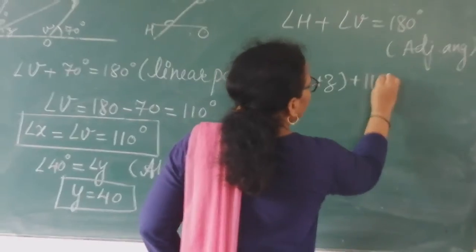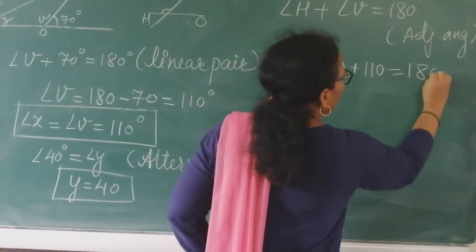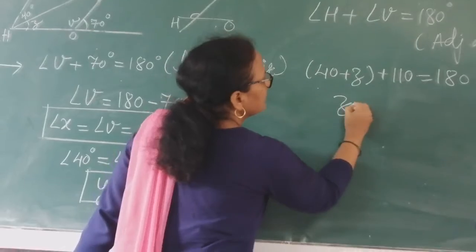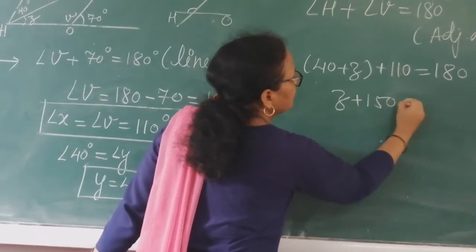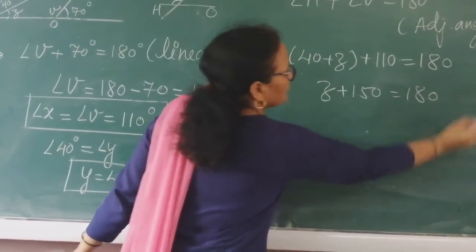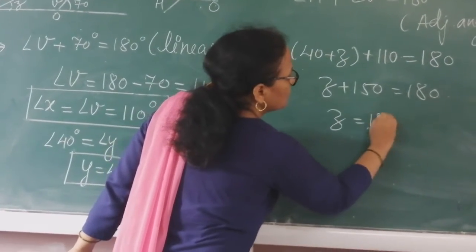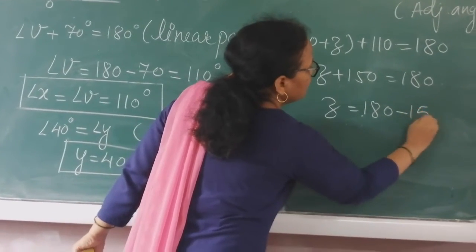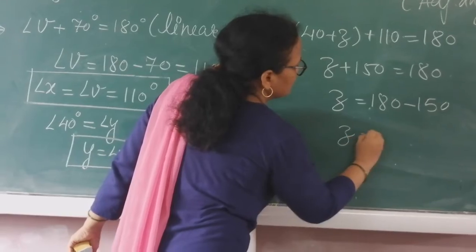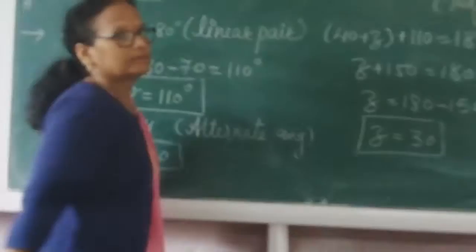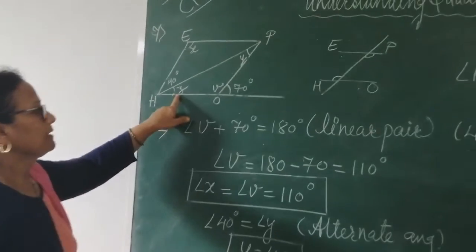So 110 plus 40 plus Z is equal to 180. Now here 40 plus this, so Z is equal to 150 is equal to 180. Okay, now that's why Z is equal to 180 minus 150, so Z is equal to 30. Here we got the answer, Z is equal to 30.